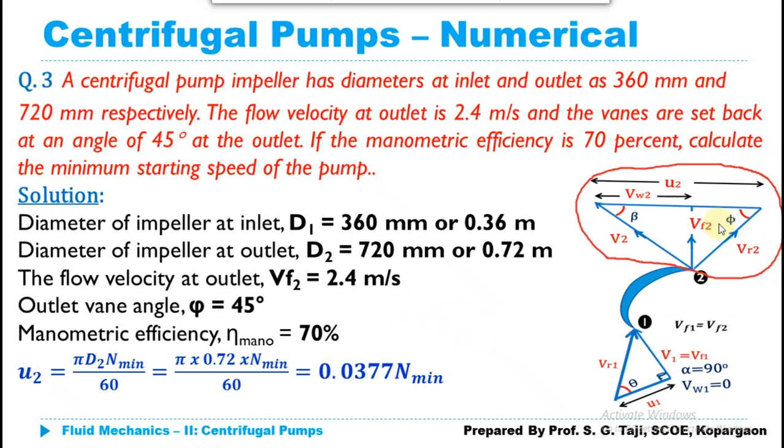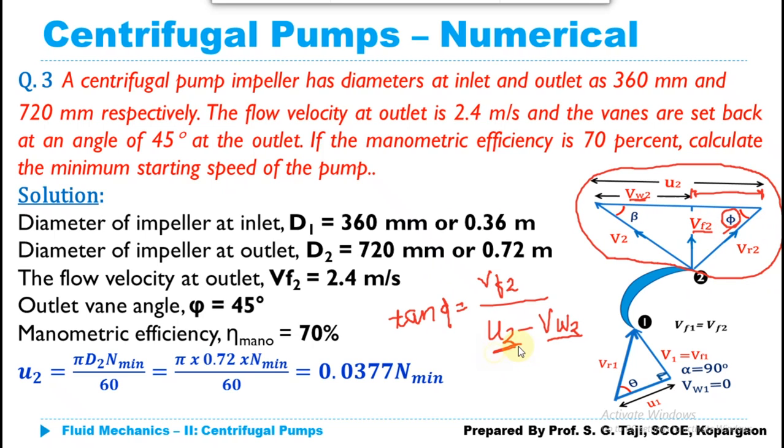If you look at the outlet velocity triangle, you have this angle phi, and by using it you can calculate VW2. Since we have the vertical side and need to calculate the horizontal side, we use the tan relationship: tan of phi is equal to the opposite side, VF2, divided by this length, which is U2 minus VW2. So we need to calculate U2 and VW2 by using this phi.